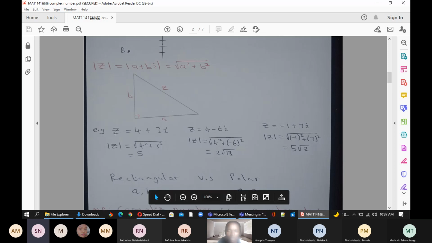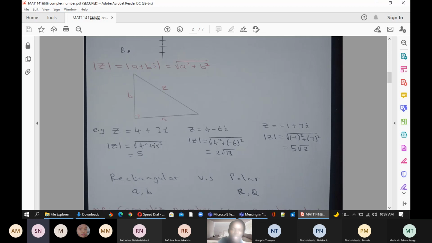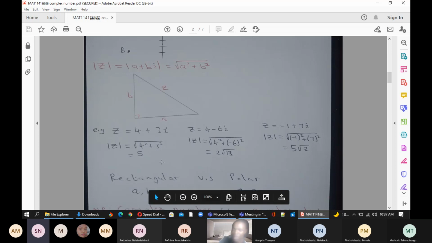We use the diagram. For example, z equals 4 plus 3i. Find the absolute value of z. We apply the square root and we square a and b.